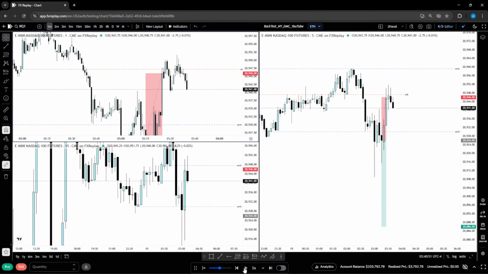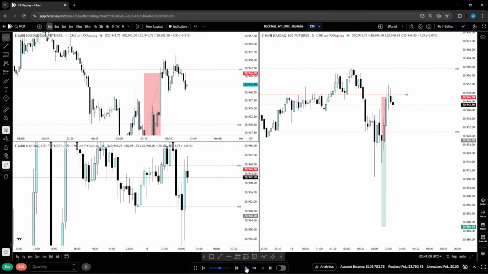So we'll wait for another 10 seconds for this to close. Yeah, we have not closed below that low yet, so we'll let it run for another 1 minute.